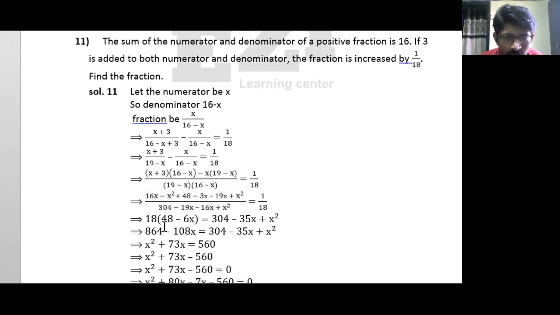Okay, one second, something is going wrong. This is 16 and this will become 21. So 21 plus 16, 42x, is it? One second.